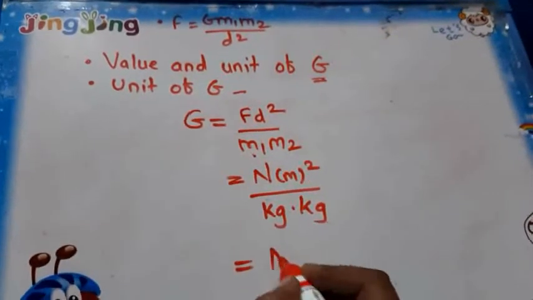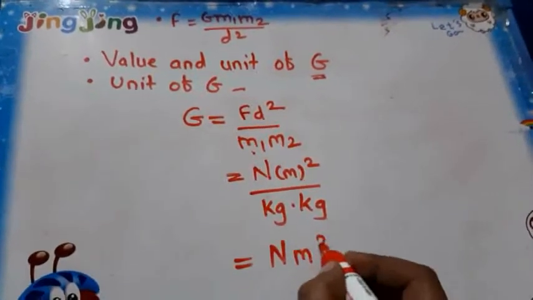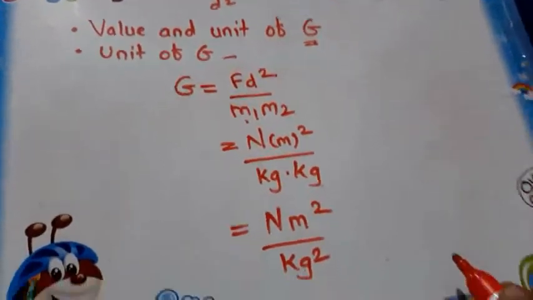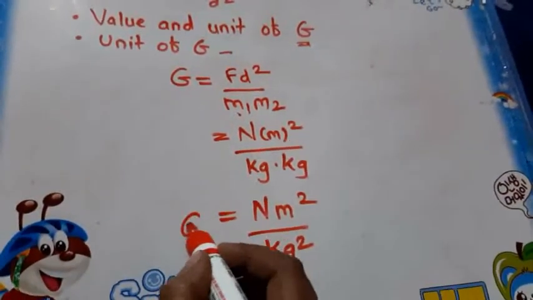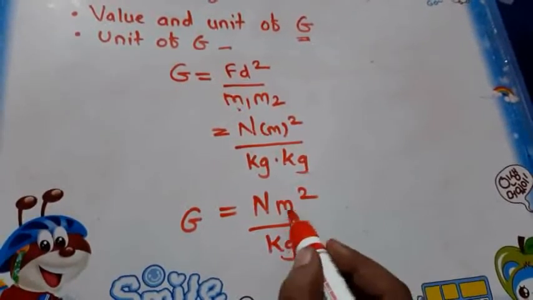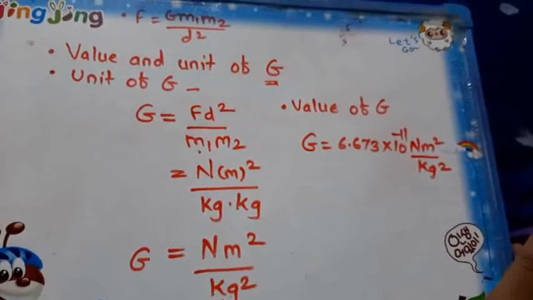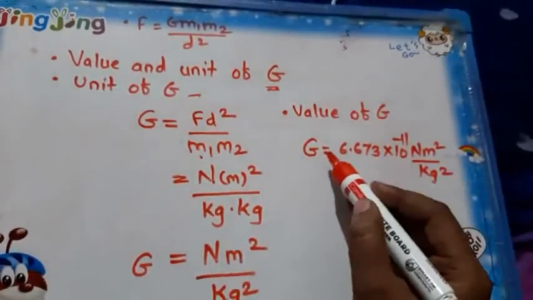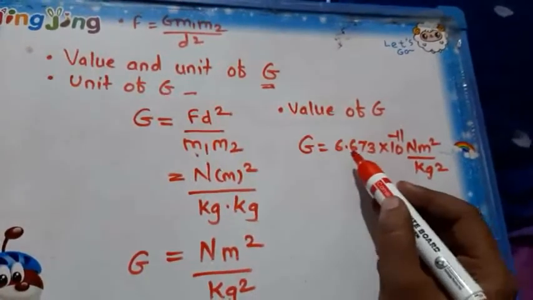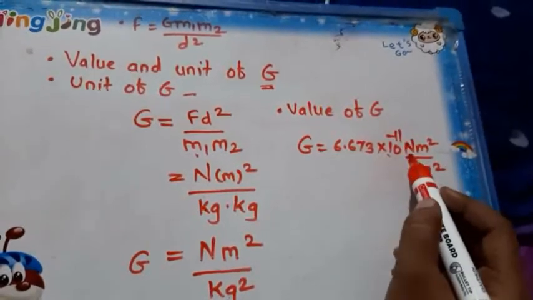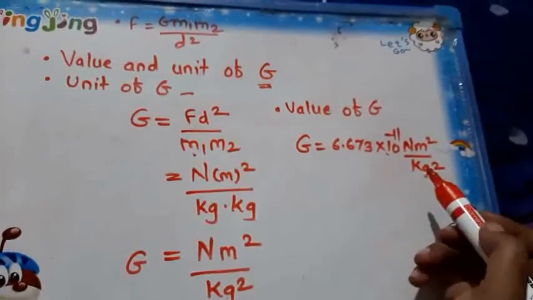So it will be Newton meter square per kg square. So the unit of G will be Newton meter square per kg square. Experimentally it is found that the value of G is approximately equal to 6.673 into 10 raised to minus 11 Newton meter square per kg square.